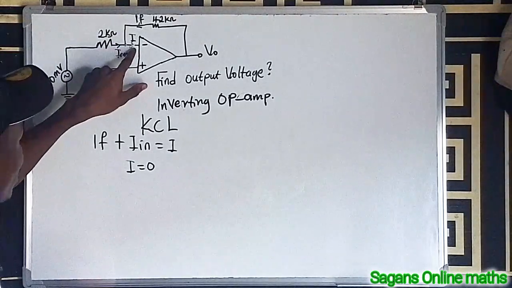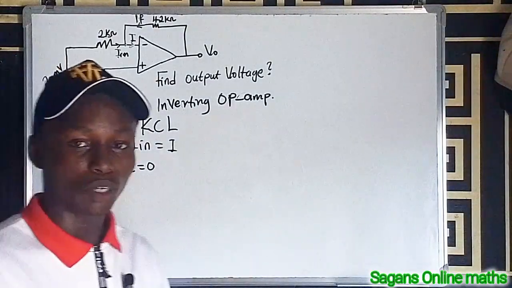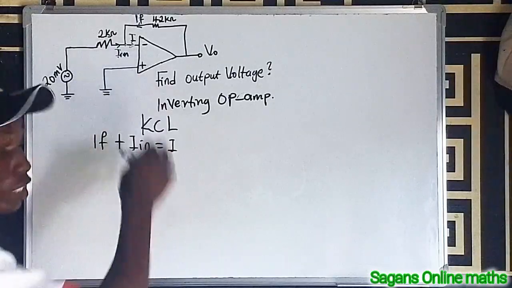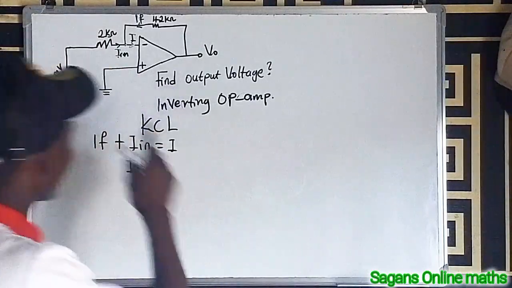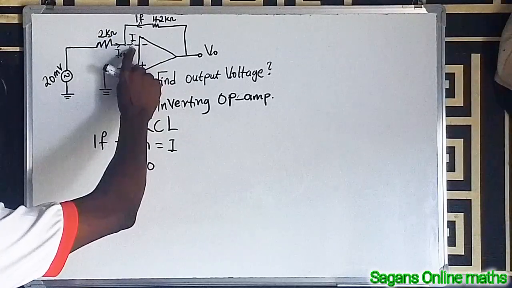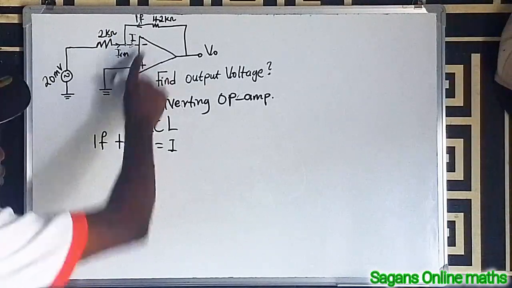These two give us I. But I is 0 because of the infinite input resistance, which means there's no current flow into the input terminal. So I is 0.